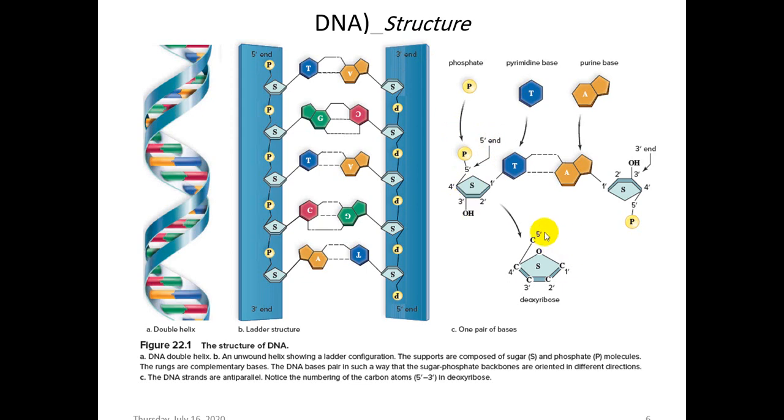Okay, 5, 3, 3, 5. So look at this, this one is part of here. You see, this is the 3 prime end and 5 prime end, and thymine is connected to adenine, right?